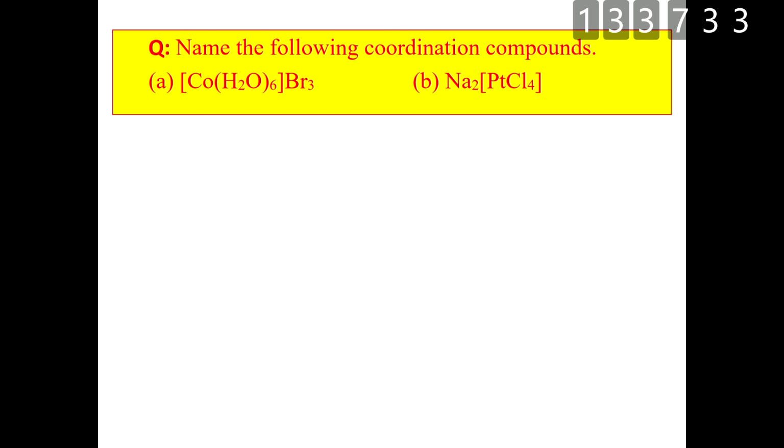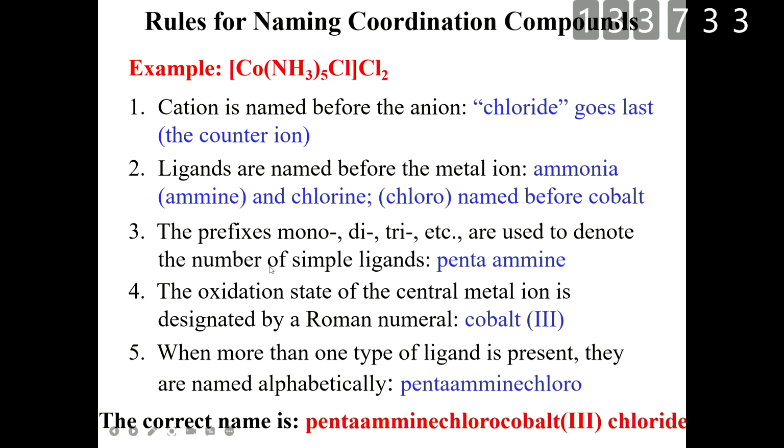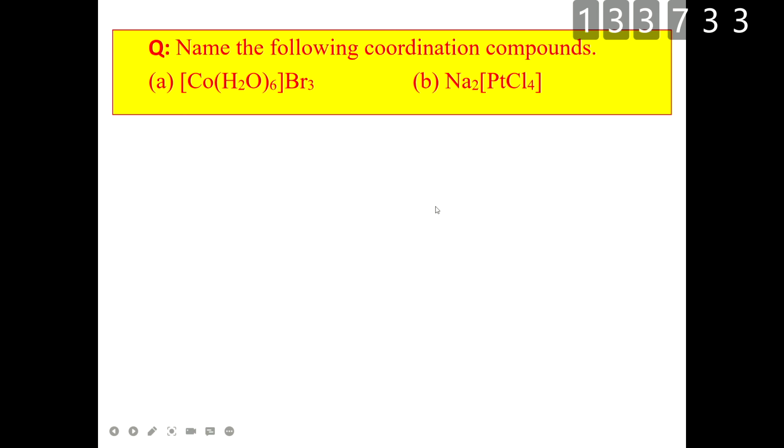Yeah, the complex is the cation. Yes. So you should name the complex first, right? And in the complex, the ligands are named before the metal. So here we should name the ligand firstly, right? So how to name the ligand?